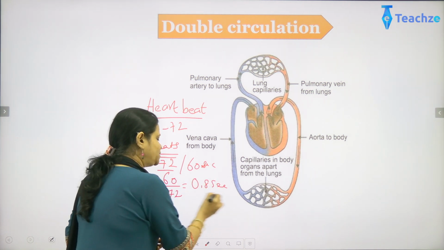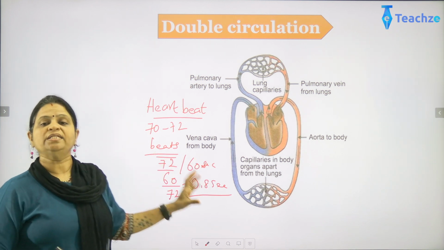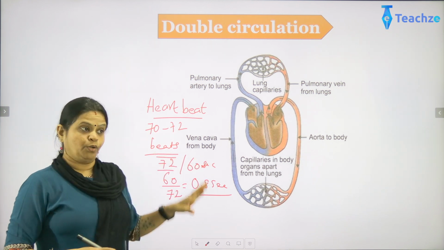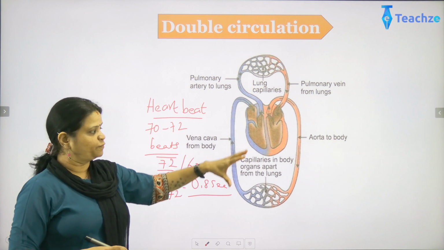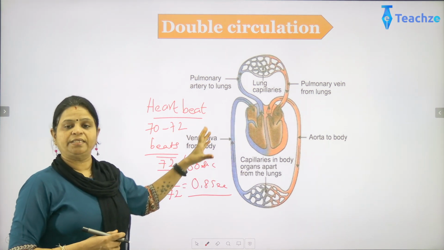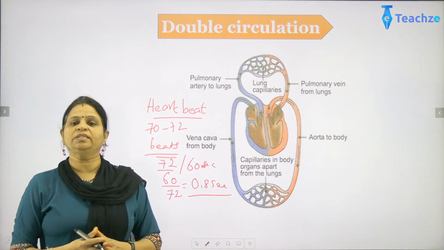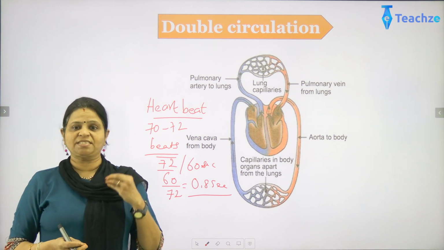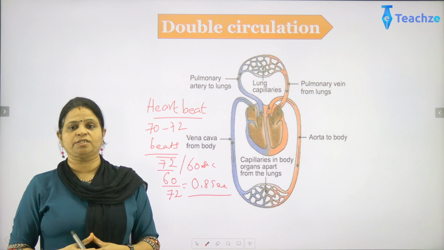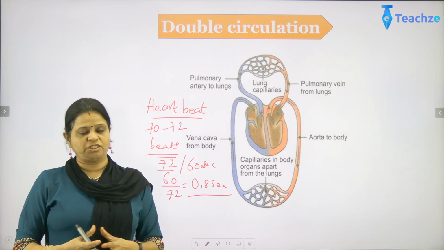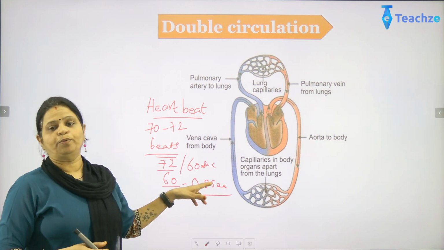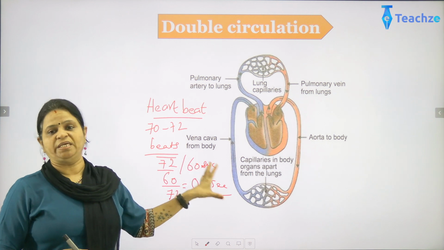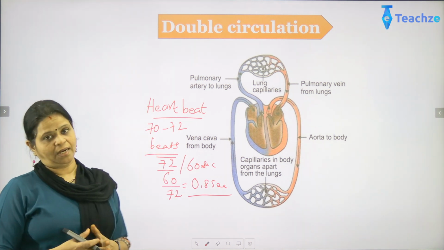Now, 0.8 seconds will be for one single heartbeat. Whatever we have followed till now, the heartbeat and the process of how it goes through, all this is called a cardiac cycle. So 0.8 seconds for one contraction and relaxation in both the chambers, so totally 72 beats per minute. That will be the heartbeat.